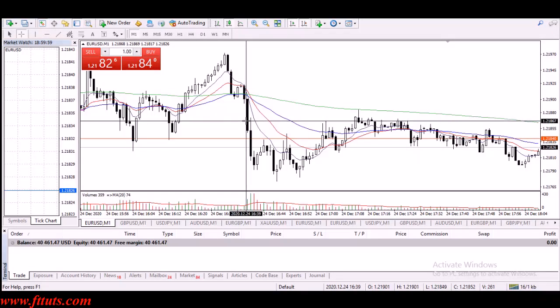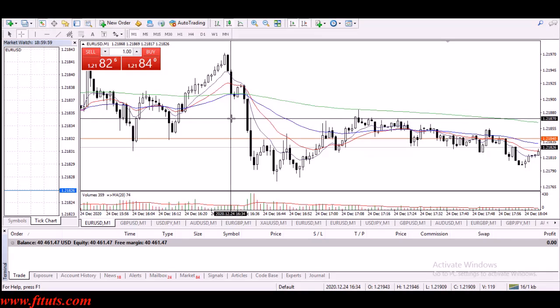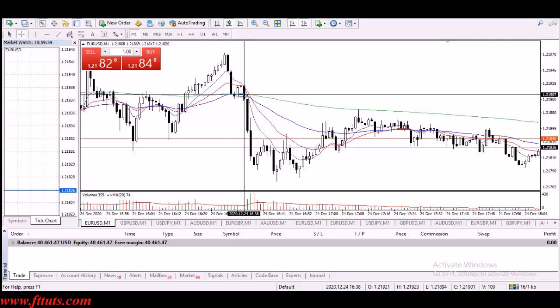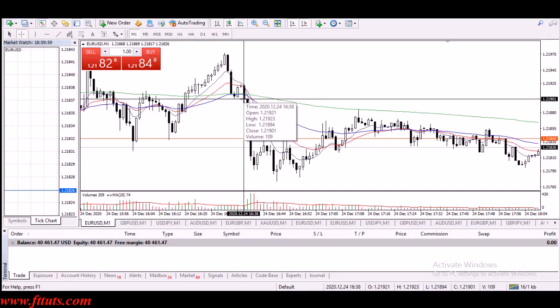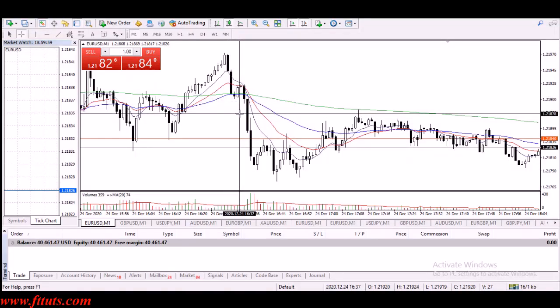But the exponential moving average, in mathematical terms, places more weight on the most recent periods. So the formula of it is different. Of course, I will not enter into these details.